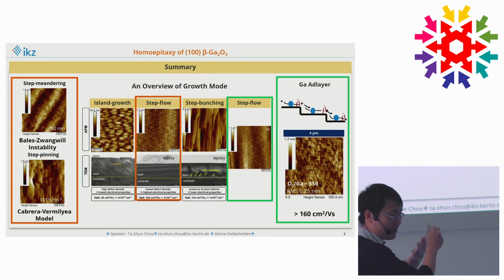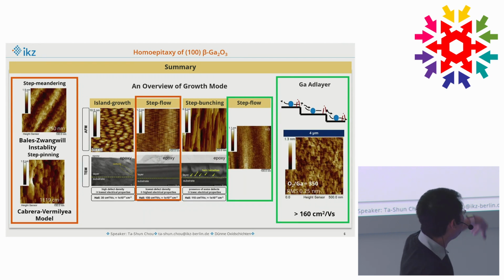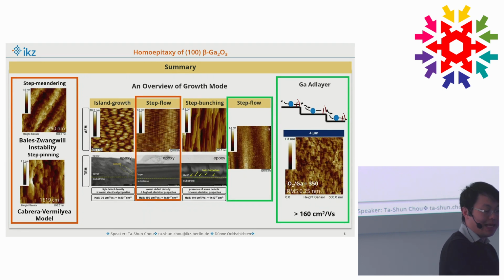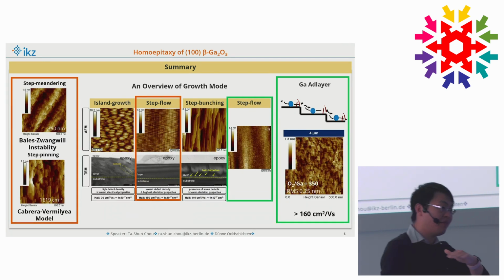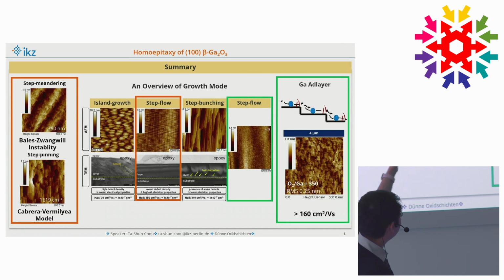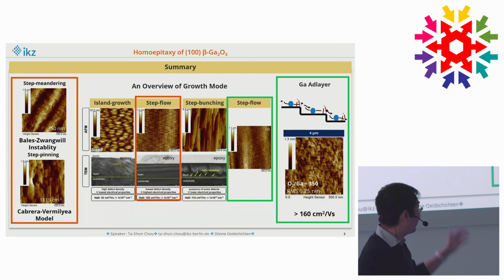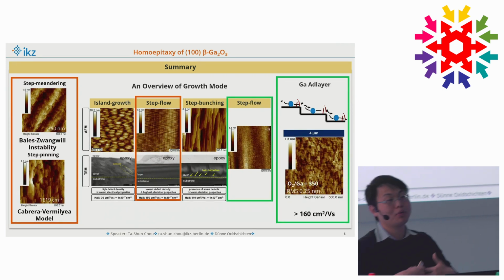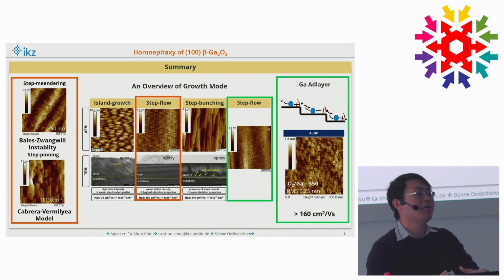As a sum up, at the end we found out that simply by playing with the oxygen to gallium ratio, by providing a more gallium-rich environment, we are able to largely enhance the diffusion length of the gallium adatom and improve the stability of morphology. So we find an additional growth regime, which is highlighted by the green rectangle, and under this regime, we are able to produce high-quality films for different applications.